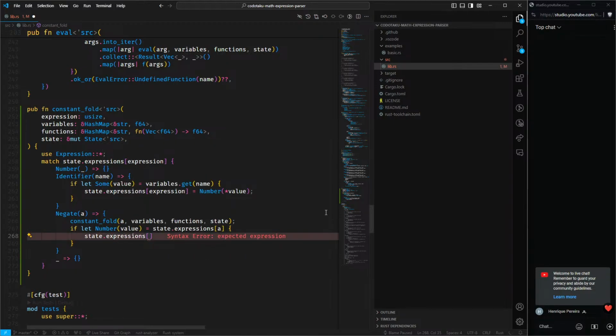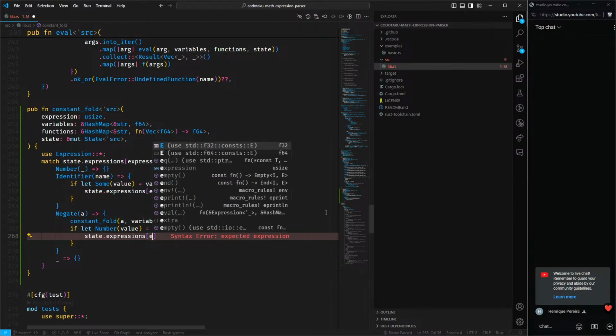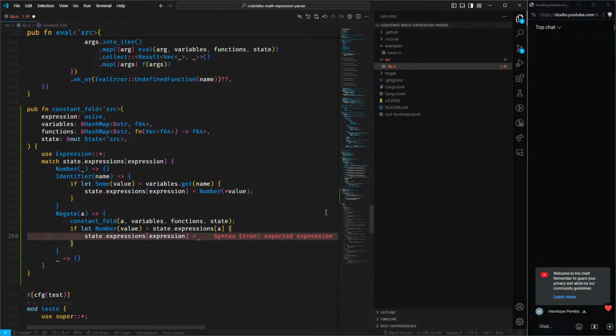What is it called? Yeah, expression is equal to value, and there you go. So we mutate it. Mismatch types expected. Oh yeah, my bad. Negate value.